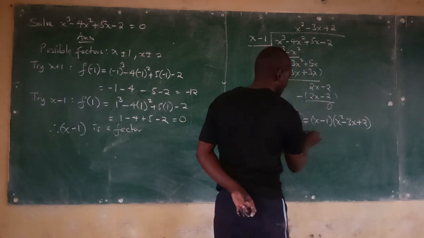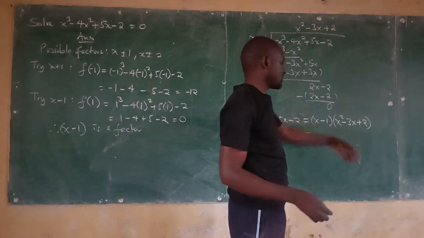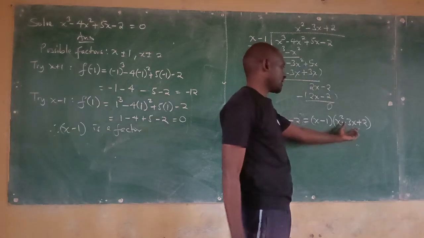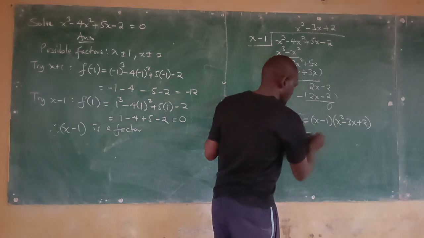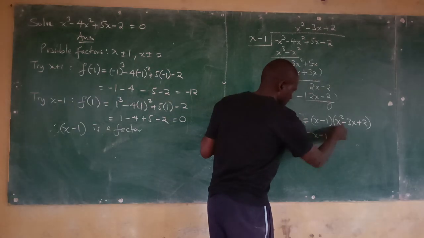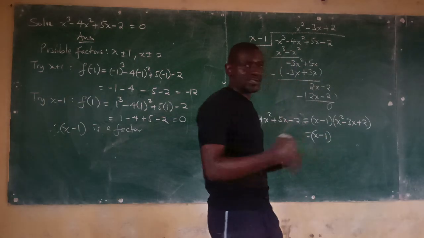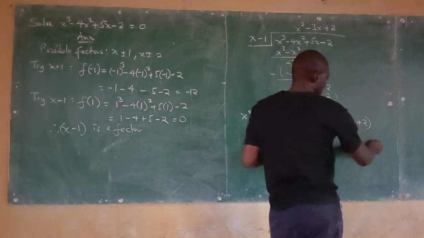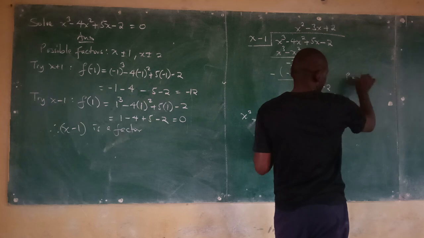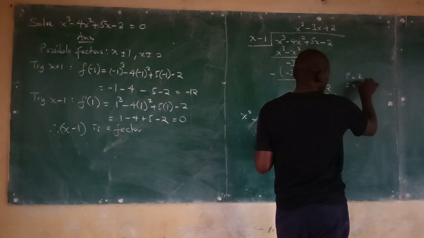So this is what we have. Now all we need to do is factorize the quadratic function to get the other factors. Because this is a quadratic factor, we reduce it to two linear factors. Here the product is 2 and the sum is negative 3.